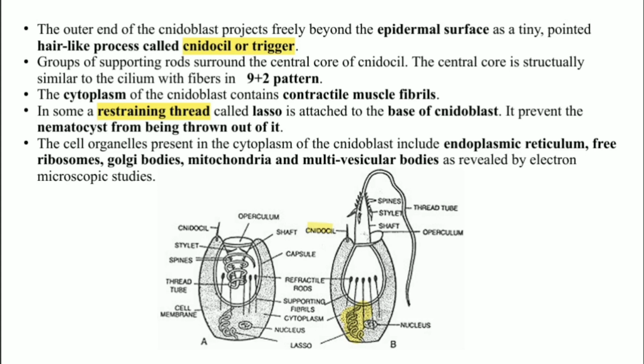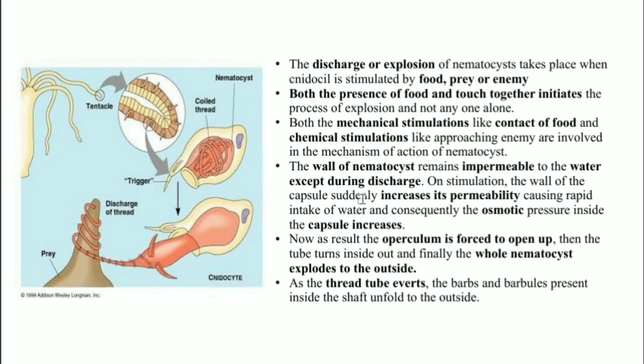Now this explains the defense mechanism of the cnidarians. The discharge or explosion of the nematocyst takes place when the cnidocyl is stimulated by the food, prey, or enemy. So you need to mark this point that for the discharge or explosion, both mechanical and chemical stimulation are necessary.